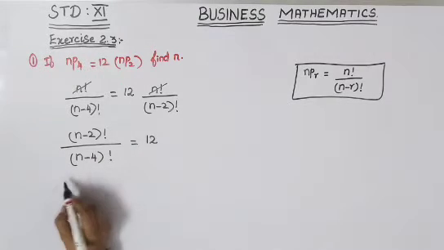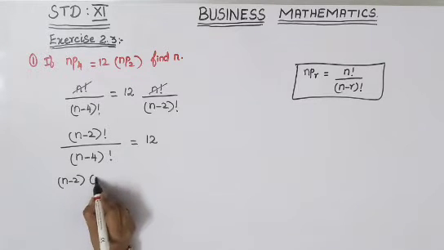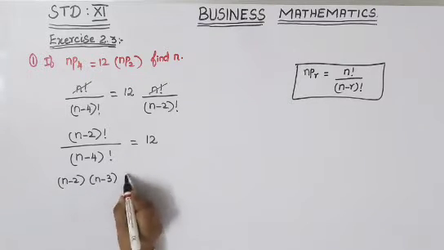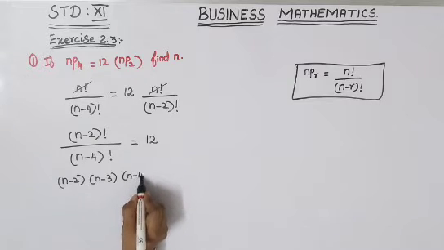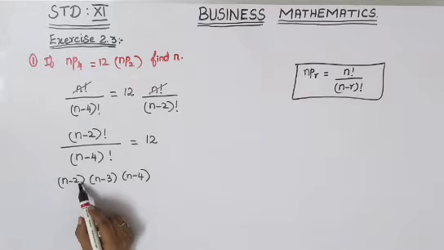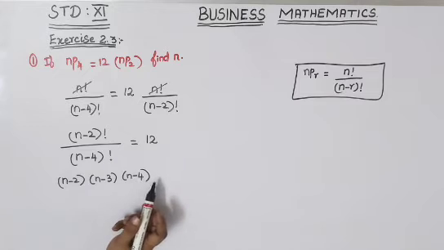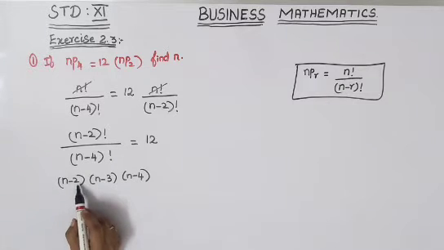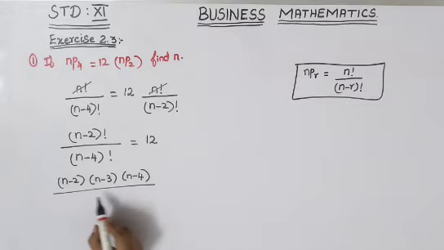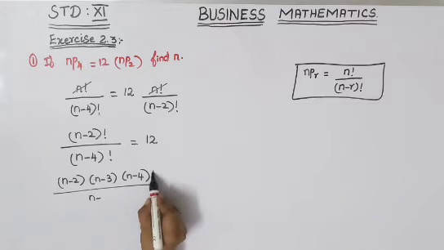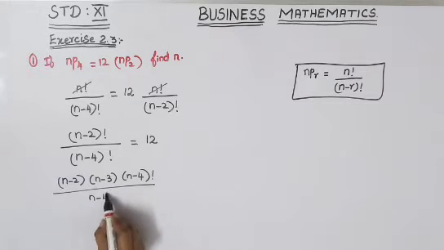So you can write the consecutive numbers, that is (n minus 2) into (n minus 3) into (n minus 4) factorial. When it is in minus, be careful, just decrease your numbers, don't go in the opposite way, you will get it wrong.